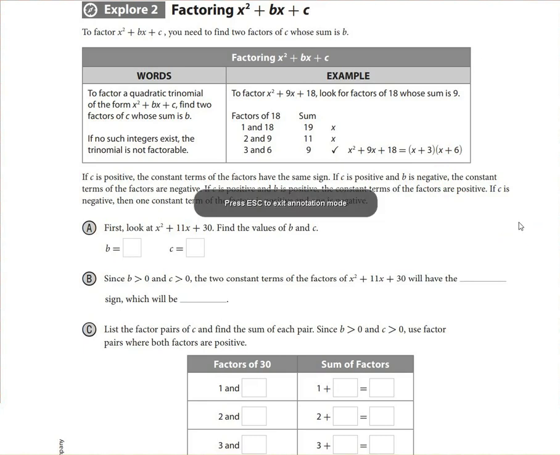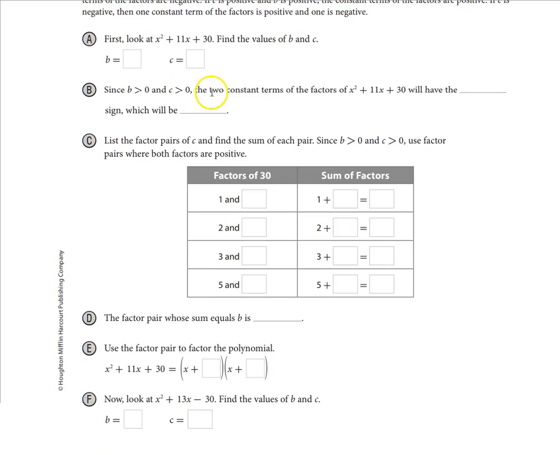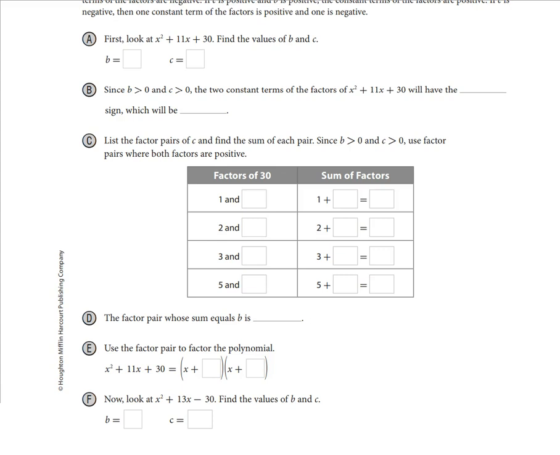Okay? So they give you another example here, and I'm going to show you a method that you can use to do this type of factoring. What we're going to do is draw an x, a pretty good size x.